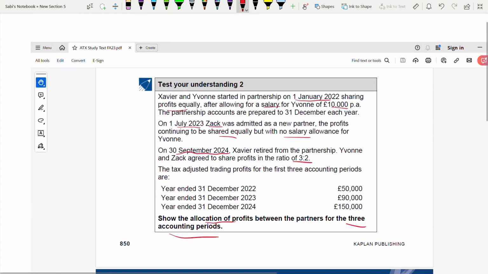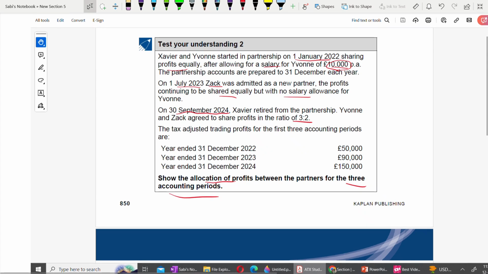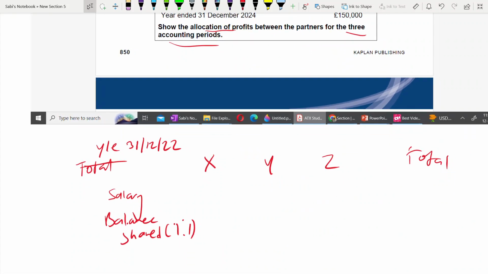Okay, so that time we only had a salary of 10,000 for Yoon, nothing else, and everything else is shared, and profit is 50,000. So he's getting 0 salary, he's getting 10,000, 0, and total is 10,000, and you have been given the total, which is 50,000.